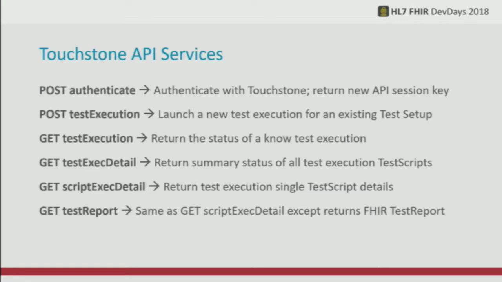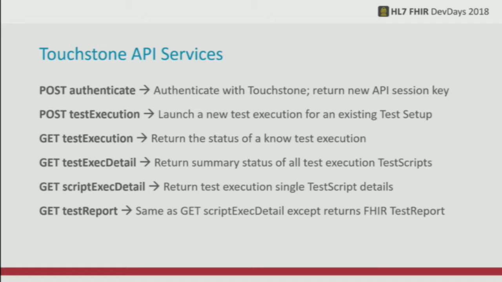The API services that are available include an authenticate process where we're going to give you a session key, and then that session key is going to be what you use in all the other API calls. And so you can execute or launch a new test execution from an existing test setup. You can get the results or the status of the known test execution at the high level, at the individual test script level, and so on.